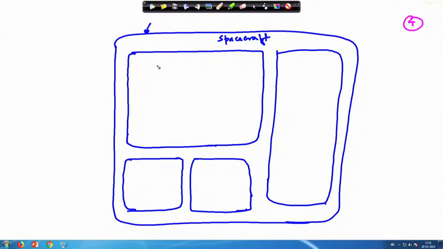So, in this case, this is the spacecraft, and then for this you have the attitude control system.